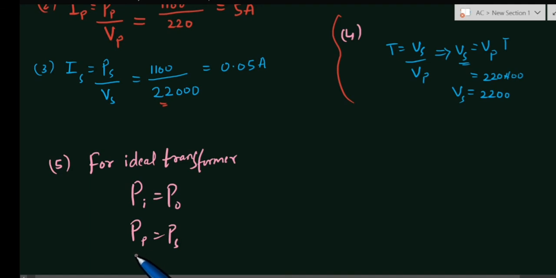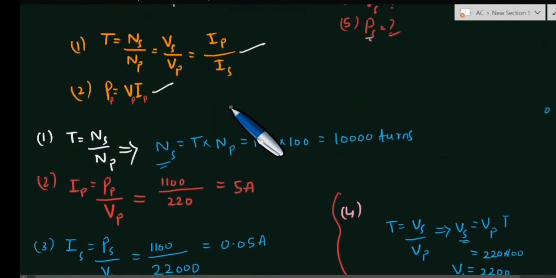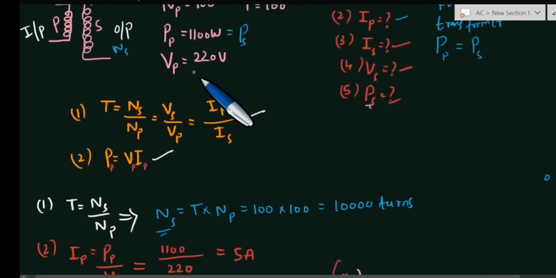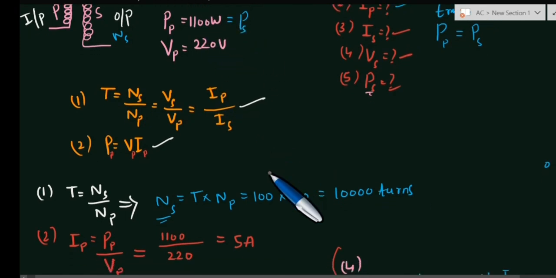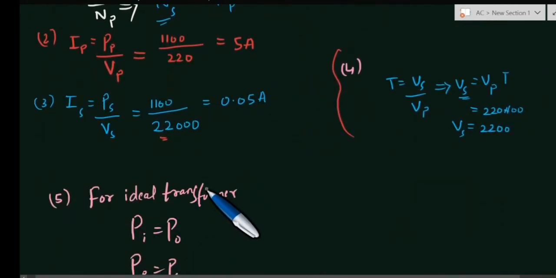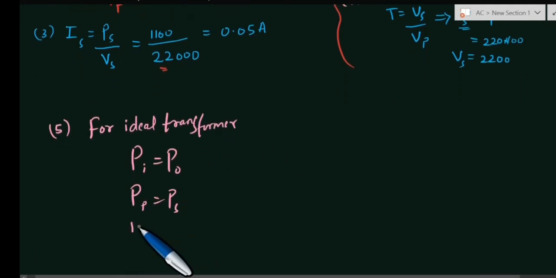They have given primary power, so 1100. Both the values are the same for ideal, 1100. So the value of power output is equal to 1100 watt.